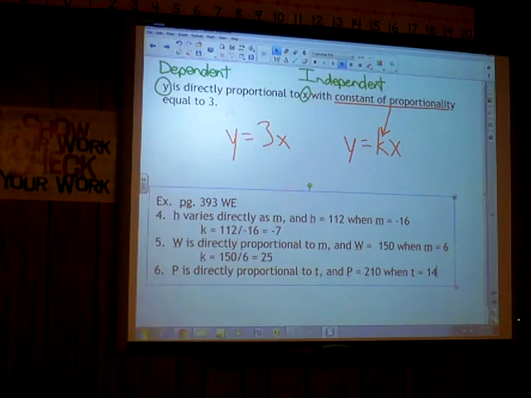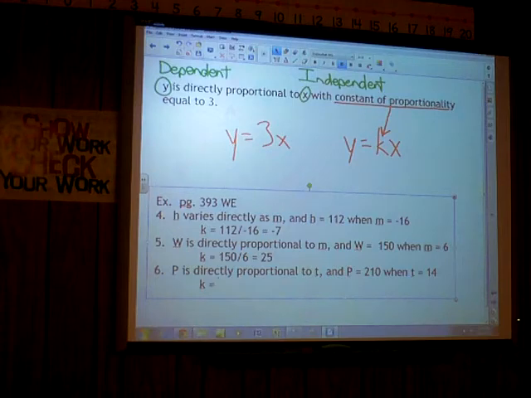Do you have a value for k, the constant? 15.